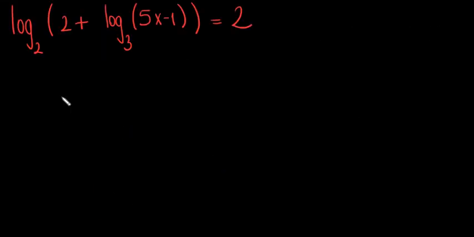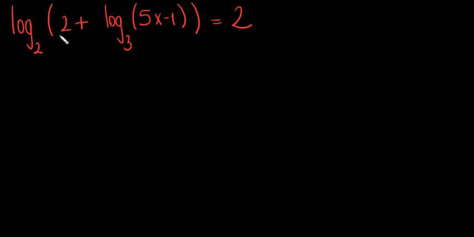Let's do another similar example. So we have log base 2 of 2 plus log base 3 of 5x minus 1 is equal to 2. It looks complicated, but believe me, it's not really a difficult question.